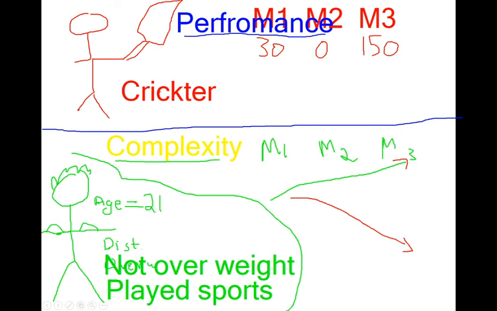But for measuring the complexity, we don't need to play the actual game. Instead, based upon our features, our health, or previous sports history, we need to predict the performance in the game without actually playing the game, right? So now let us come to the world of algorithms.